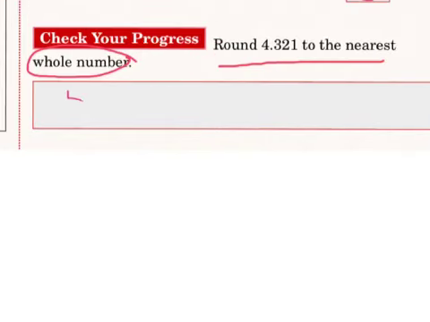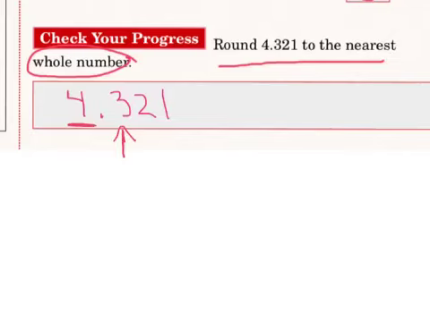Okay, you should have had 4.321. You should underline your 4 because that's the number that is being rounded to the whole number. Then you look to the right of the number that is being rounded. Now 3 is less than 4, so therefore we're going to leave the 4 the way it is.